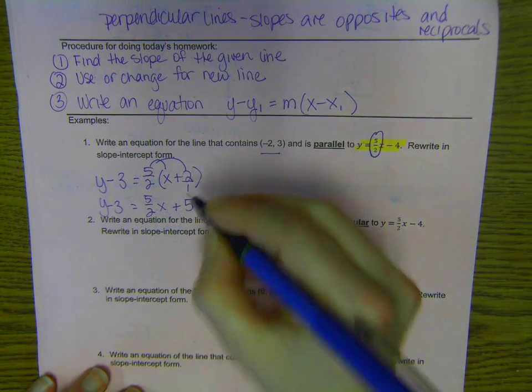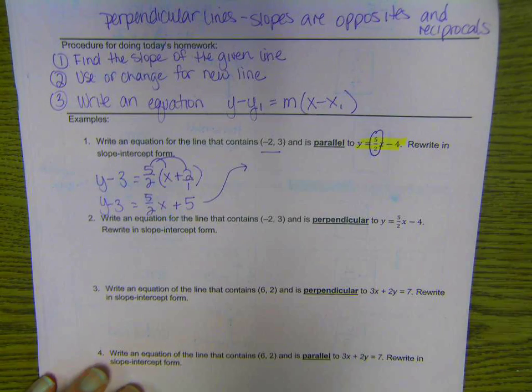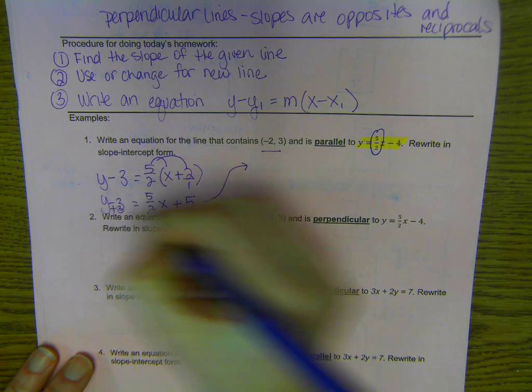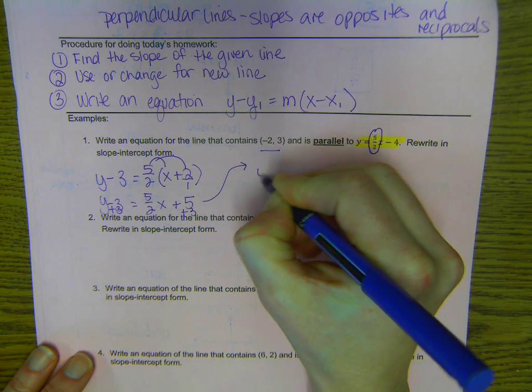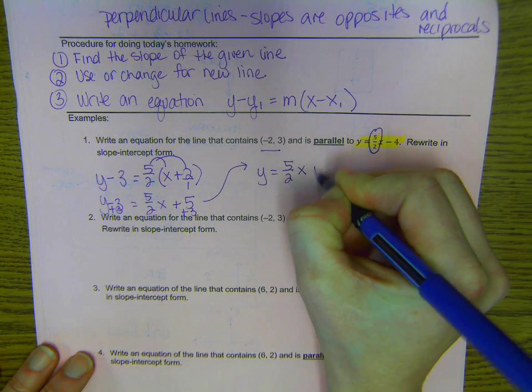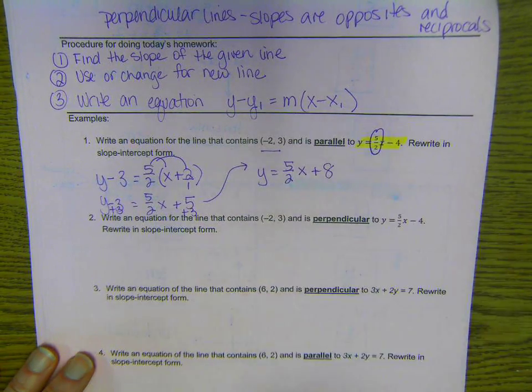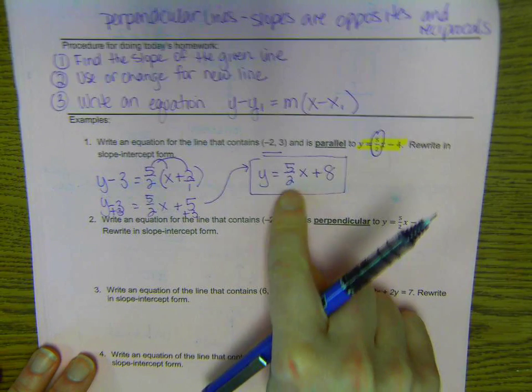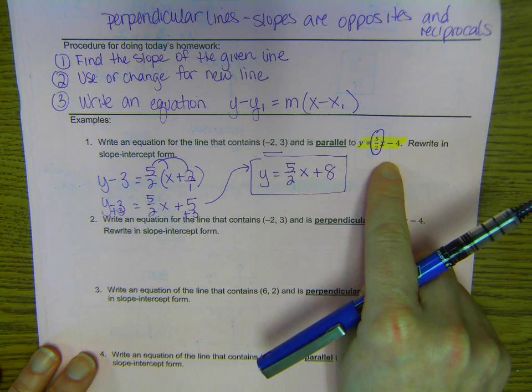Add 3. Y equals 5 over 2x plus 8. So this is an equation of a line that's parallel to that line. Notice, do they have the same slope? Yep, different line, different y-intercepts, same slope though.